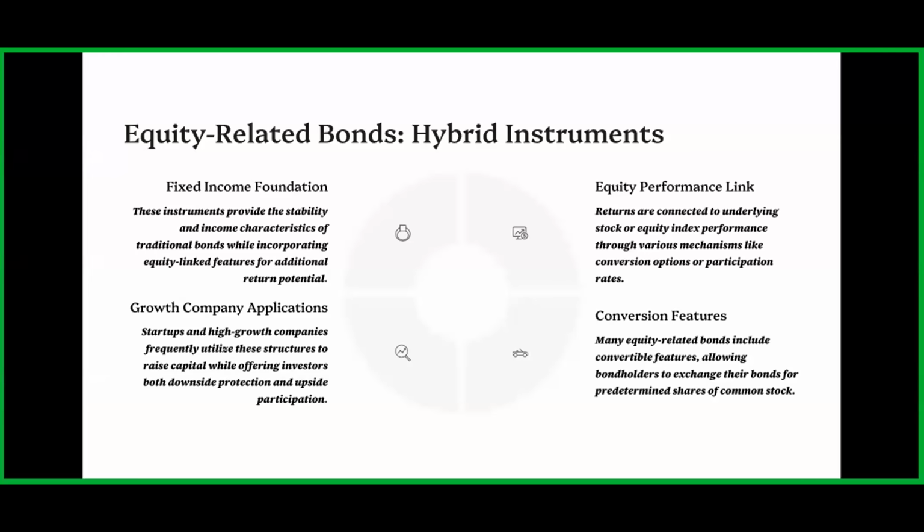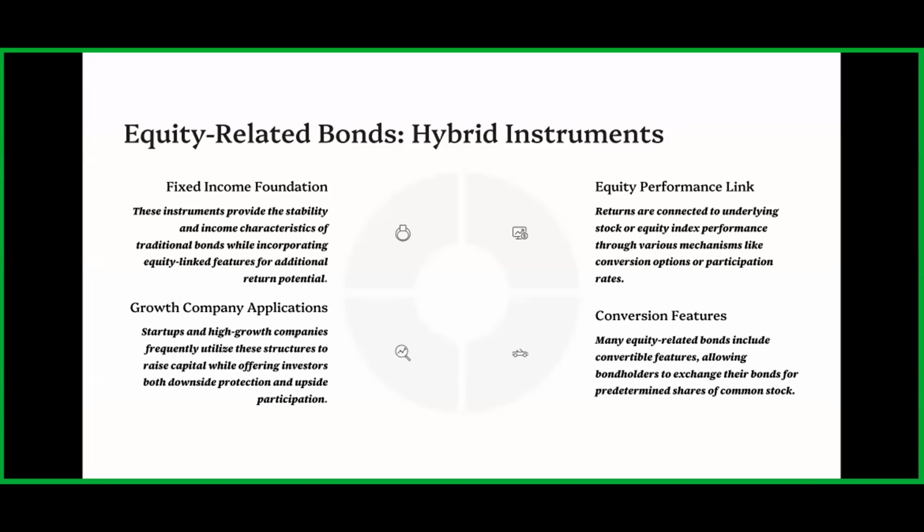But at the start, I don't directly purchase the equity shares. First, I give the loan with the bonds to that company. Then I see if the company is doing well, and then I convert my face value amount into the equity shares. If the startup or the company fails, then I can recover all my amount because it's a bond, it's a loan. So this is how equity related bonds, the hybrid instrument, minimize your risk and maximize your return.